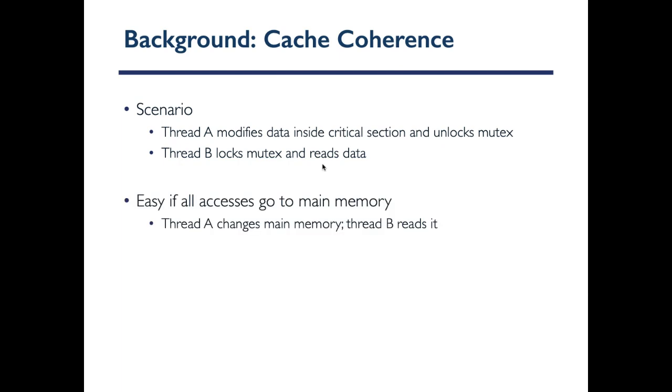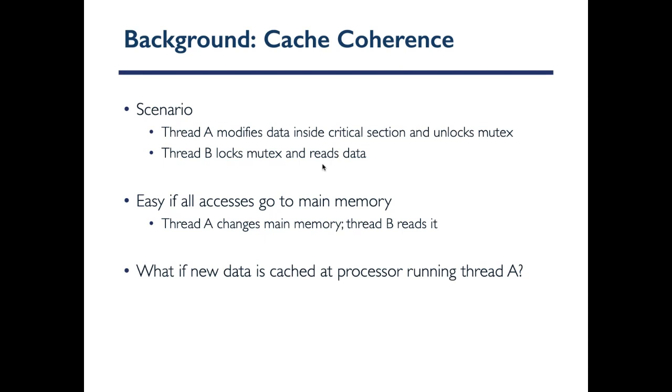If there are no caches in the system, if CPUs directly access memory, then everything is as we talked about so far in ECE 252 and so far here. Nothing changes. As long as you take care of synchronization, as long as you acquire the locks, lock the mutexes and do what you have to do, then everything is fine.